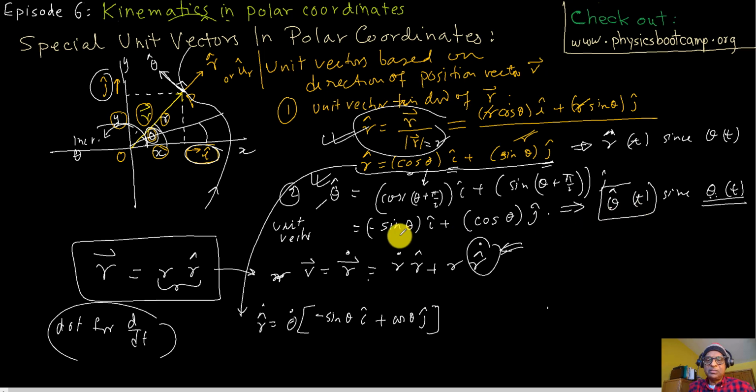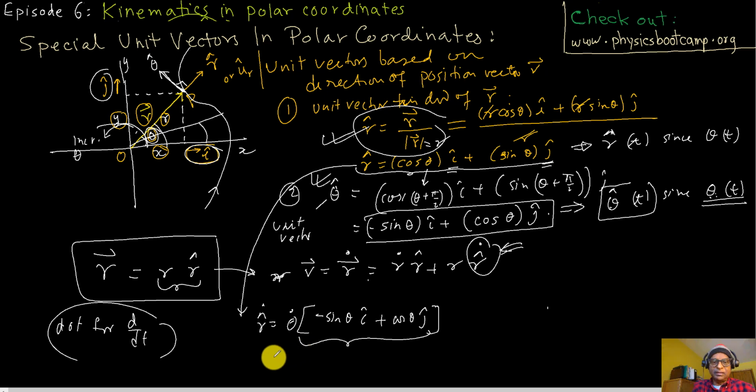But that's just theta hat. So this whole thing is theta dot theta hat. So this velocity vector, using just r hat and theta hat, will be r dot r hat plus r theta dot theta hat.